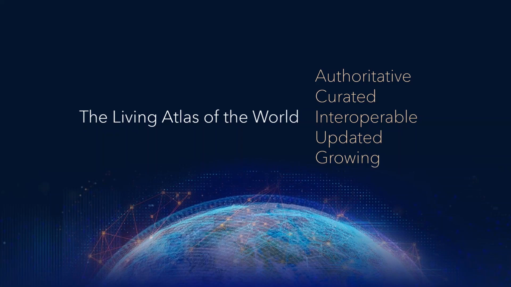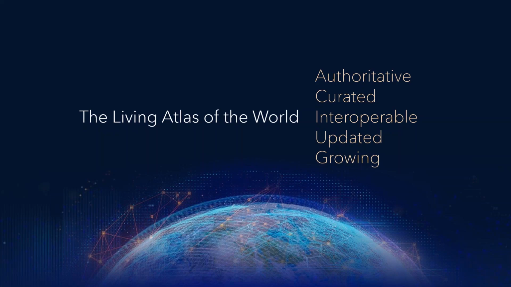3, it's interoperable. So the great thing is you can combine layers from different contributors and come up with novel analyses, and they are all going to work seamlessly in the ArcGIS platform. 4, it's updated. A lot of the different layers get routine updates, whether they're programmatic or they just happen on a frequency.